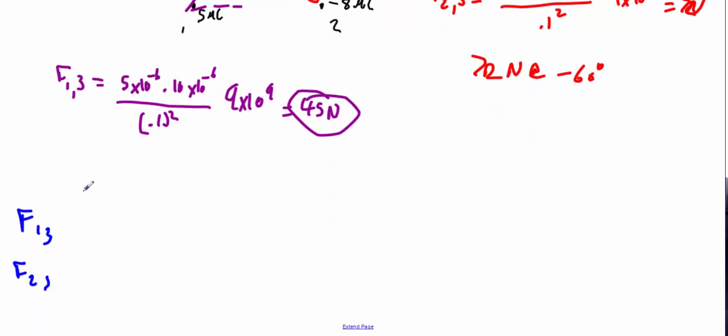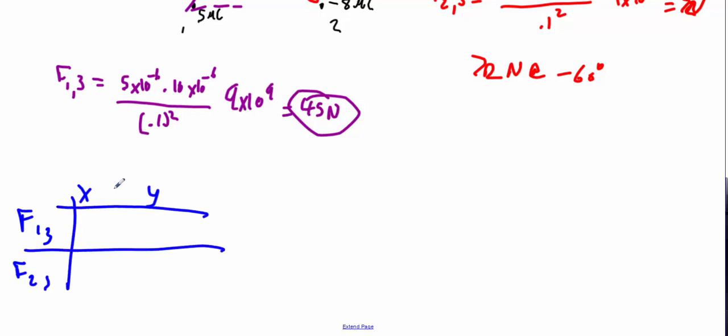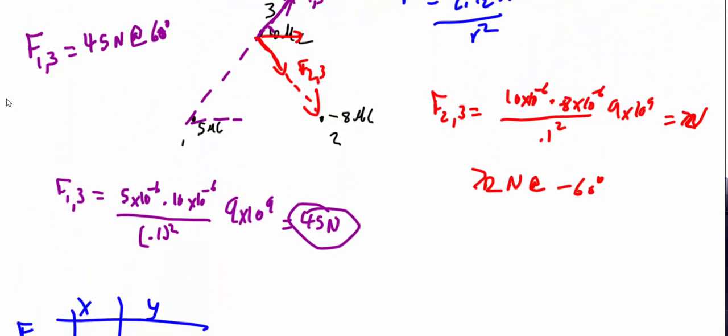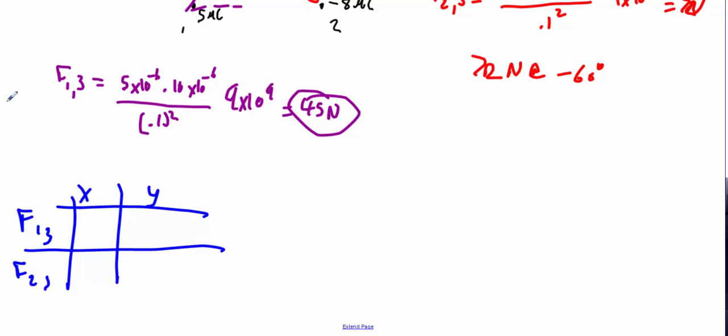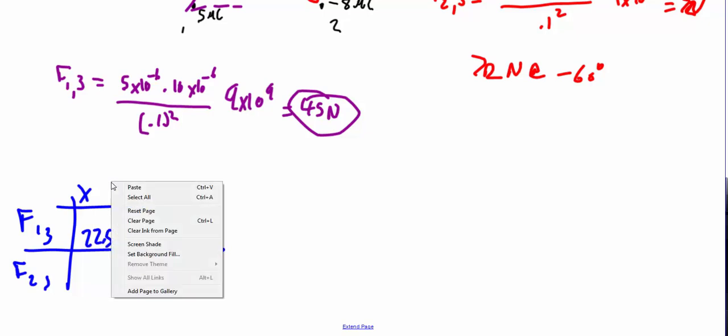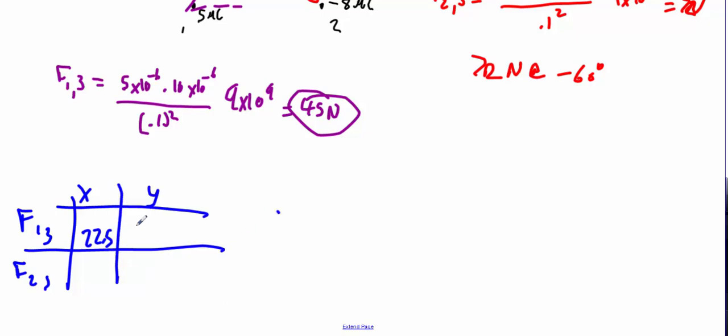F1 on 3 has an x component and a y component. The x component of F1 on 3 is 45 times the cosine of 60, and then the y component would be times the sine of 60. So 22.5 and 38.97. Now both of these are positive because it's up and right.